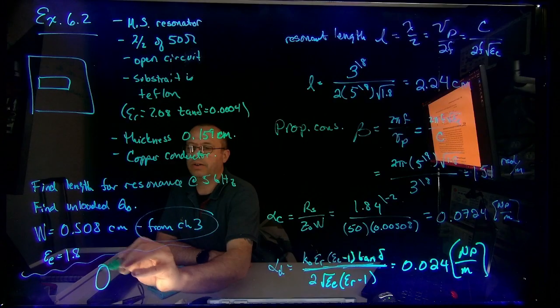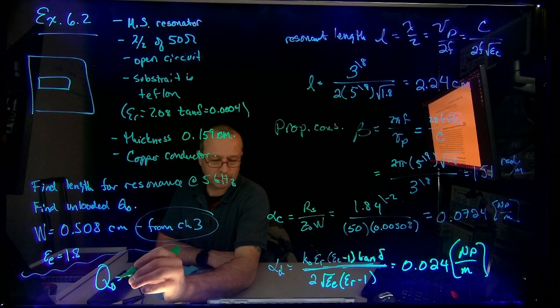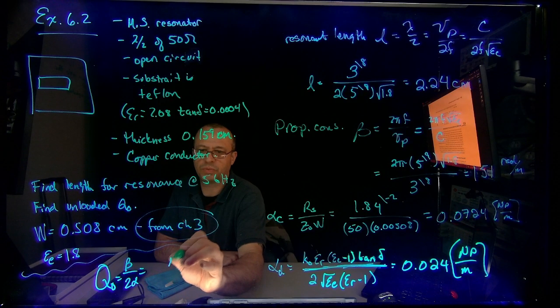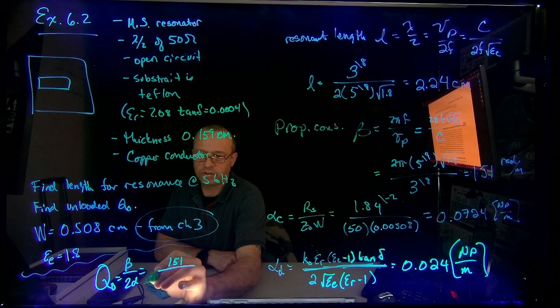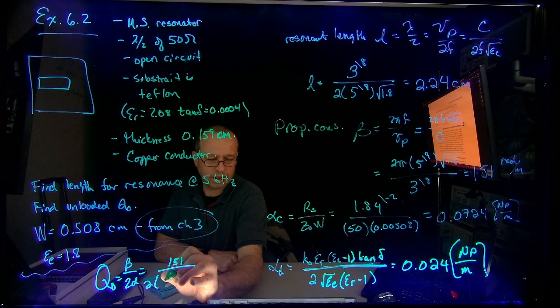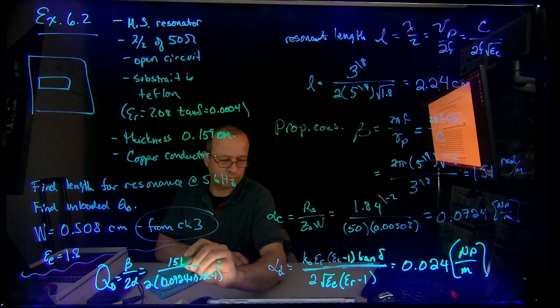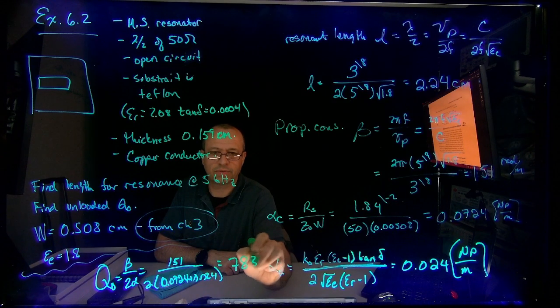Therefore, our unloaded Q value, Q naught, is equal to beta over 2 alpha, and this is just 151 over 2 times 0.0724 plus 0.024, and then this just ends up being 783.